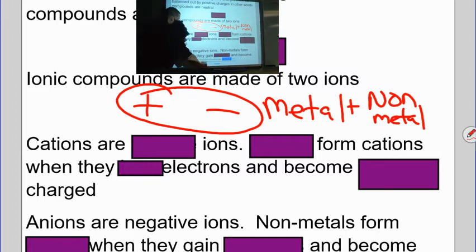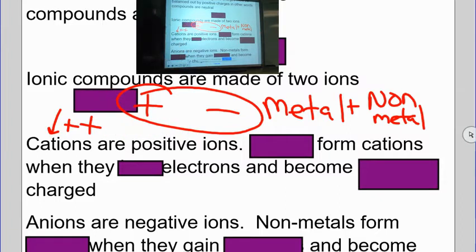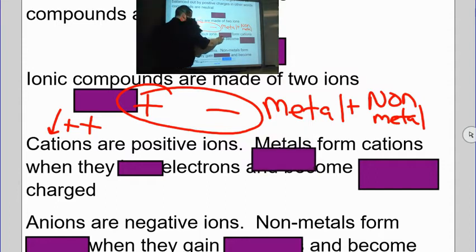Cations are blank ions. I always look at this T right here. The T looks like a plus. So cations are positive ions. What forms cations? Well, metals lose electrons. When metals lose electrons, they become positively charged.